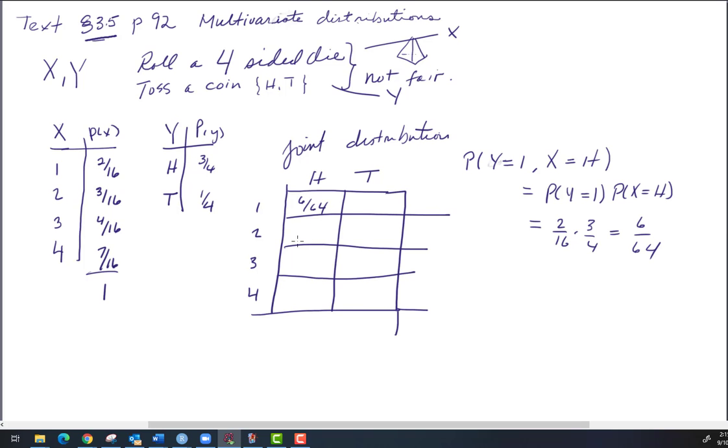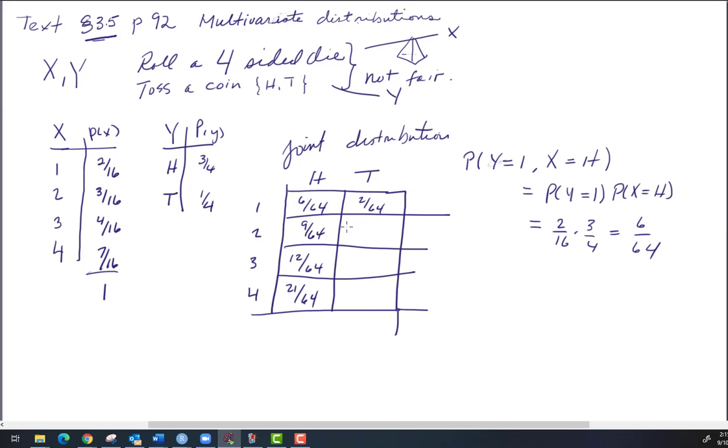Now, I want to fill out the rest of the table the same way and calculate these probabilities, and they're going to be 9/64 and 12/64 and 21/64. A good exercise would be for you to check me on this.